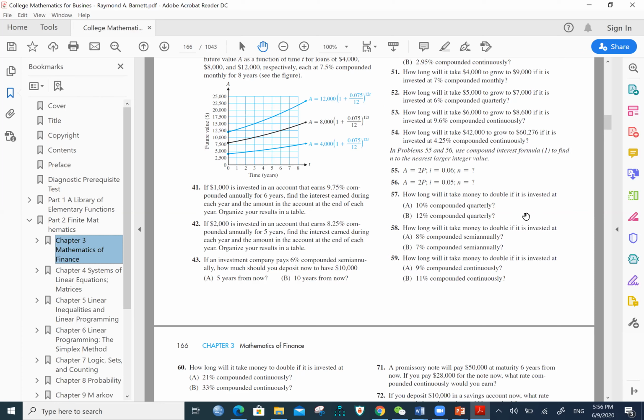Are we making a sequence of equal periodic payments in this problem number 41? No, we just pay 1,000 into an account. Are we making a sequence of equal periodic payments in 41?